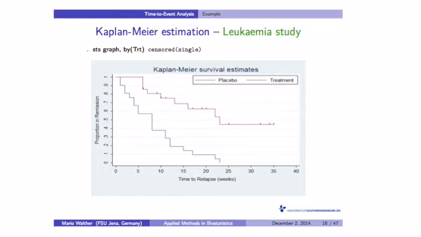If you have data where the event of interest occurred for every subject, then the Kaplan-Meier plot drops to 0. For the treatment group, you see that the Kaplan-Meier curve is above 0. That means the last event occurred at about 23 weeks, and all observations afterwards are censored data.